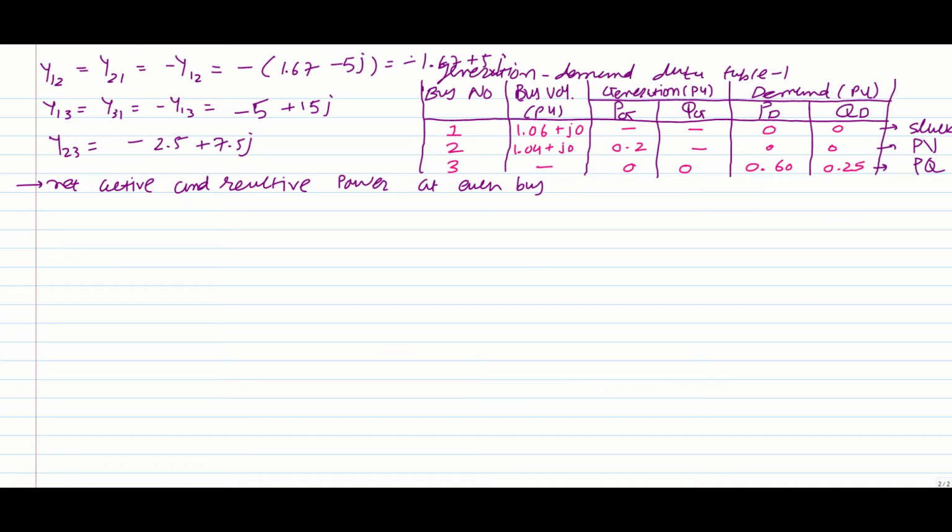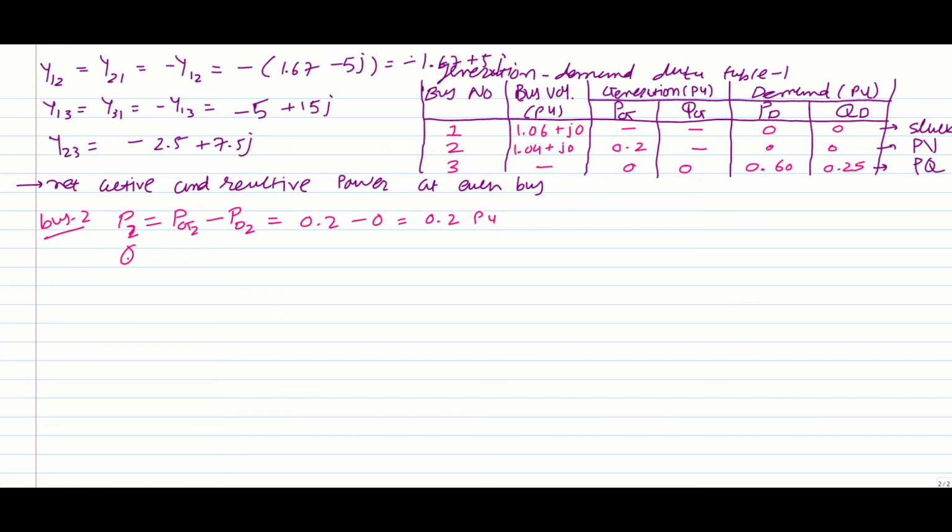So let's start with bus number 2. For bus number 2, we will calculate P2, the net active power at bus number 2, which is equal to Pg2 minus Pd2. Here the value of Pg2 is 0.2 per unit and Pd2 is 0, so it is 0.2 per unit.